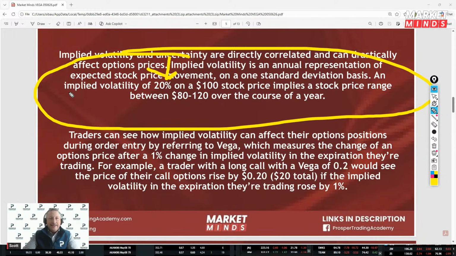That tells us the market is pricing in a 20% move in either direction over the next year, or an expected range of 80 to 120. Does that make sense?